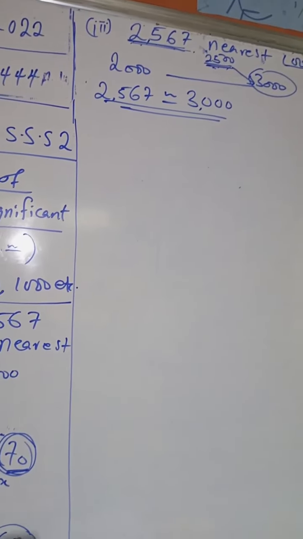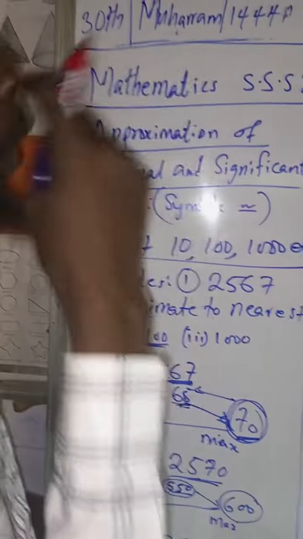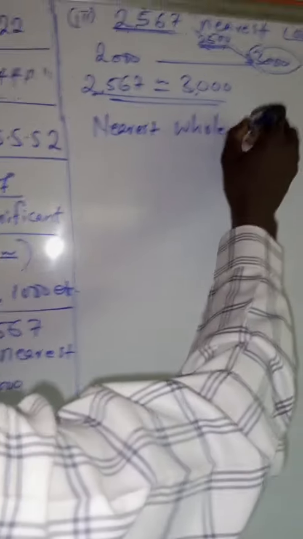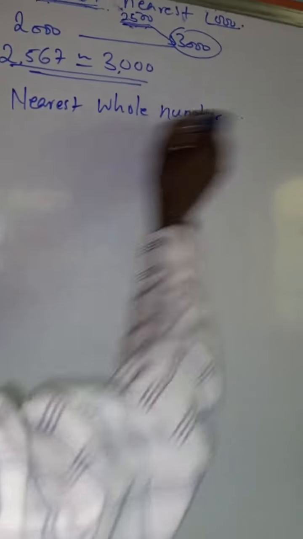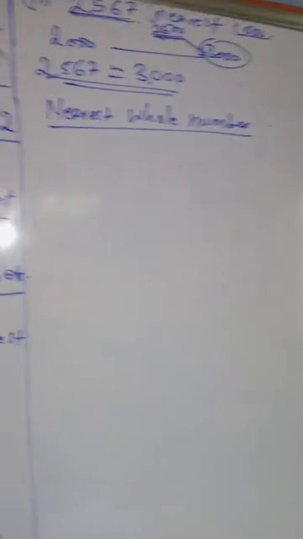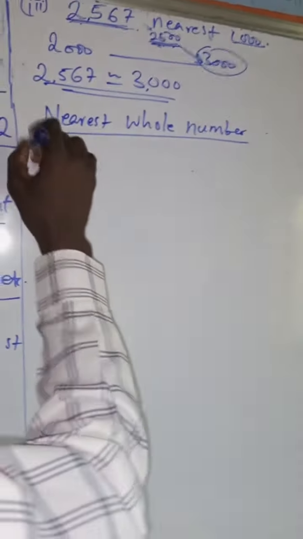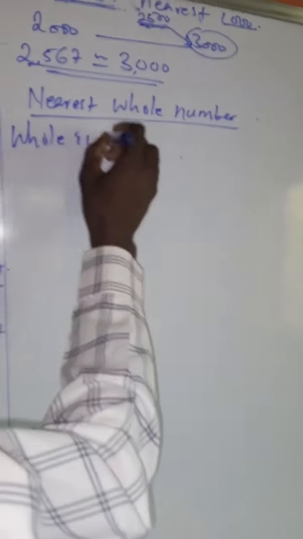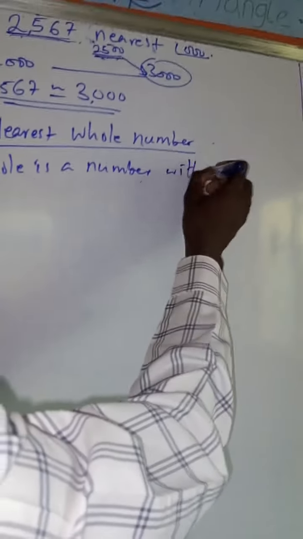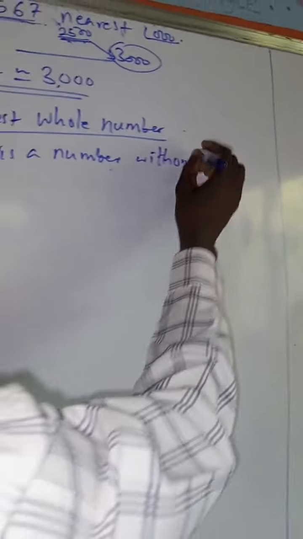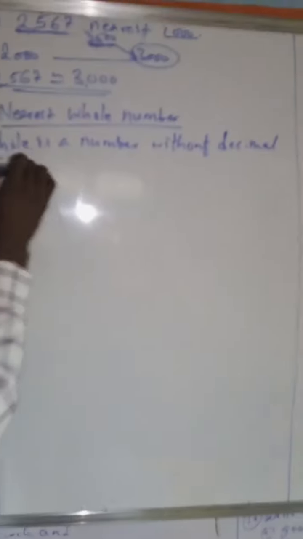So this is approximation. Now let's go to nearest whole number. A whole number is a number without a decimal fraction, so without a decimal point.